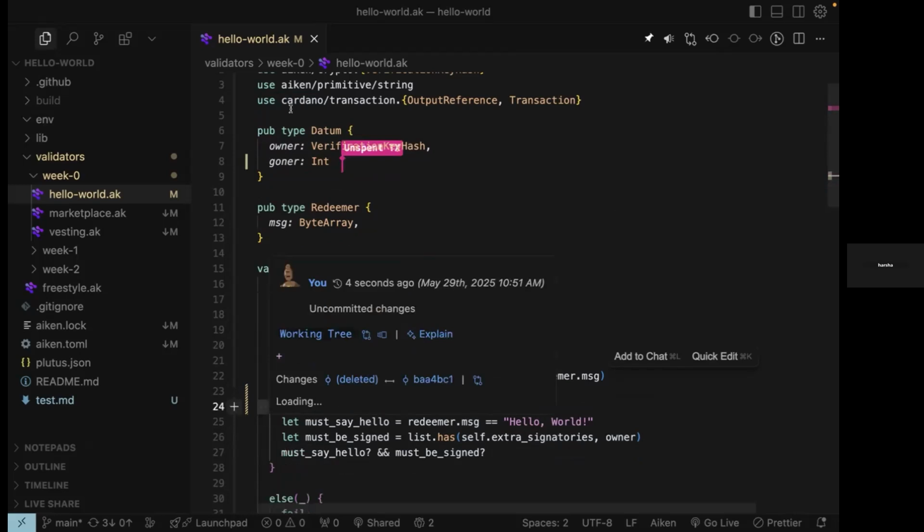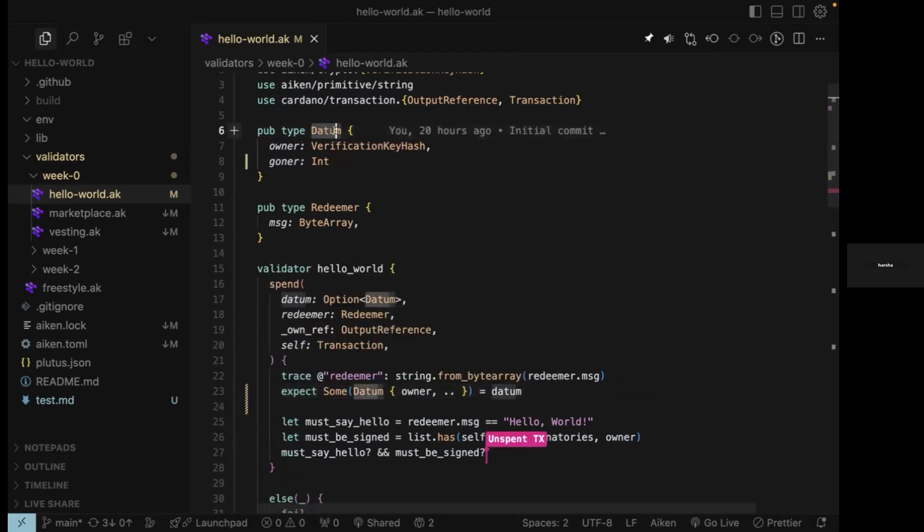So this is basically saying whenever you're creating a type datum, it needs to have the complete, this specific structure. Yes, 100%. And when you are writing your validation logic, you can say you only care about this part of the datum or this part of the datum, by using this structure.